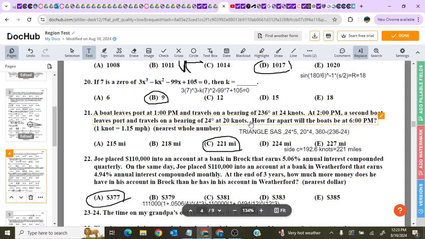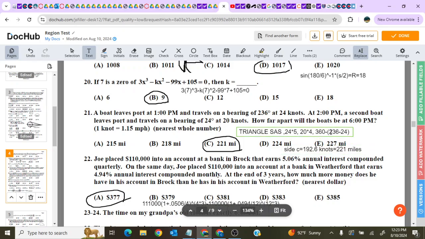And then once you do that, you need to figure out the angle. Well, how bearings work is you figure out the distance between the two bearings, and that's your angle. So the angle would be 212, which means that, because it's a triangle, you're given the larger angle of your entire 360 degrees. So you need to subtract that from 360 degrees to get the smaller angle that actually forms the triangle.